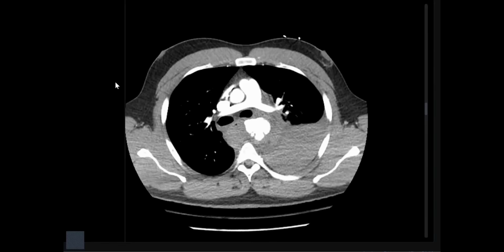I would urgently red flag the report and escalate my findings to the referring clinician and the cardiovascular team for urgent surgical intervention. Yes, it's a traumatic aortic rupture, pseudoaneurysm formation, mediastinal hematoma, and left hemothorax, urgent cardiovascular surgery. Excellent, my friend.